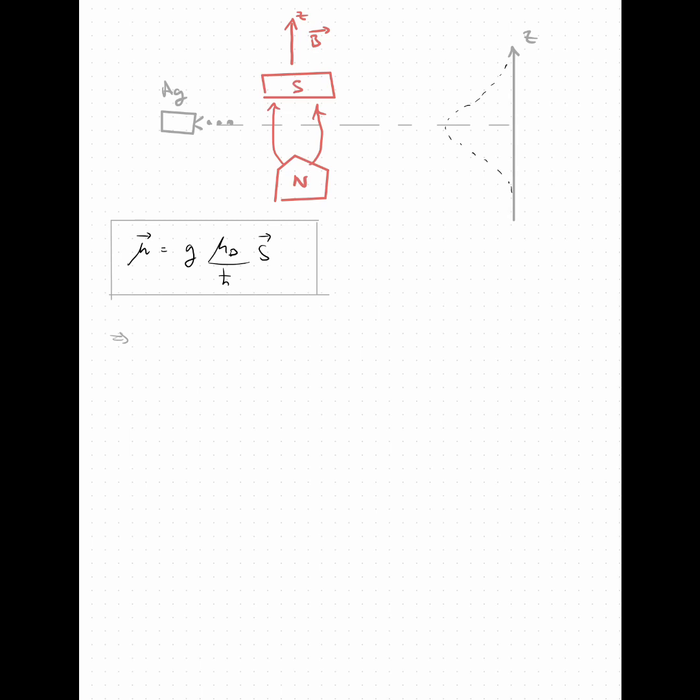We know what that is for the magnetic moment and the magnetic field. So we can write F_z is d/dz of minus mu dot B. And that is equal to g mu_B over h bar, putting the constant in front, d/dz of S dot B.